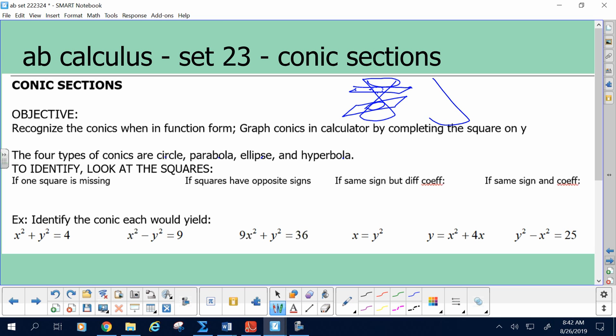I need to draw another picture. If you slice it this way, and what's this cross section? That's a parabola. And then you slice it this way. What's that?